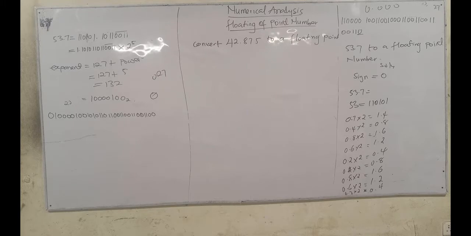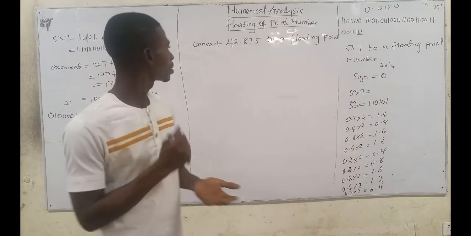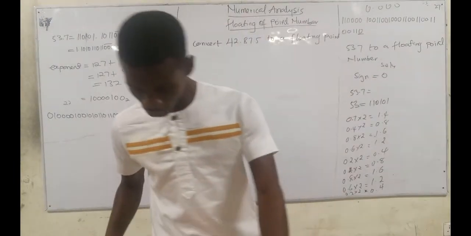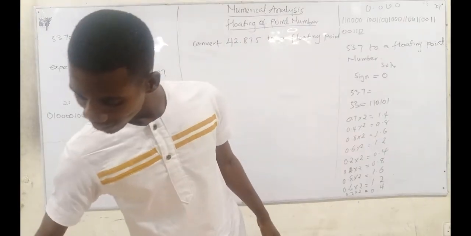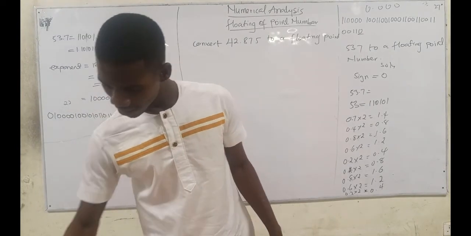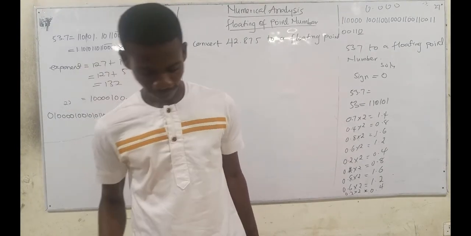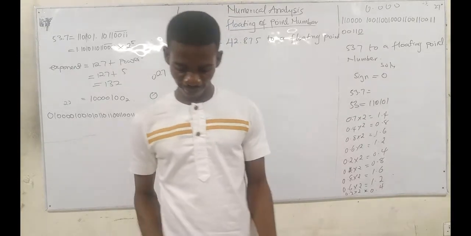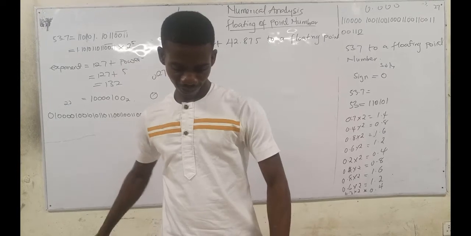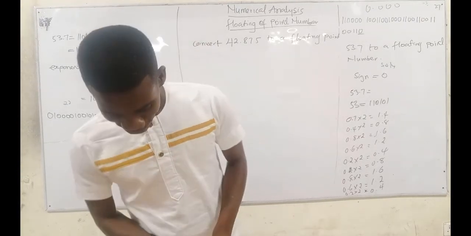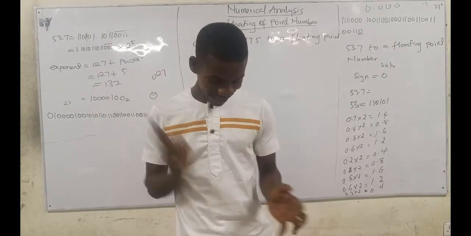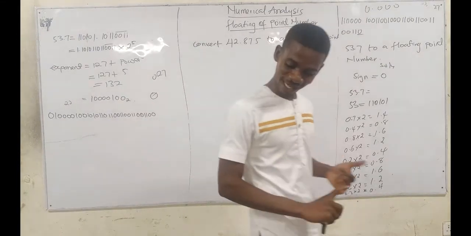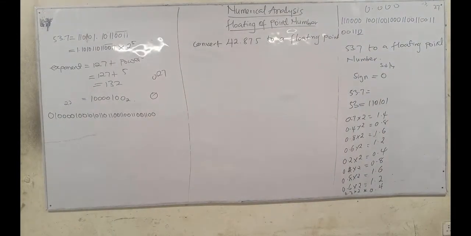Let's convert this number, 42.875, to a floating point. Let's hurry up because I have to go.